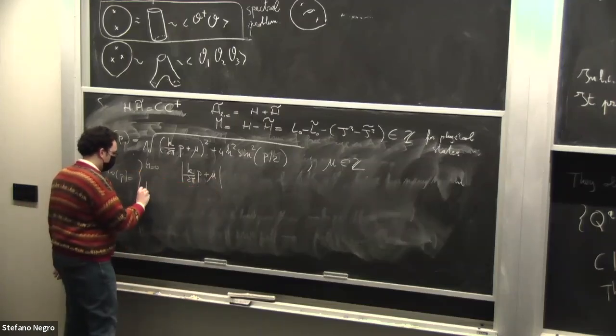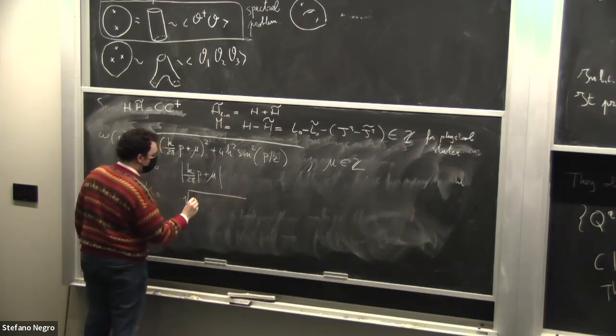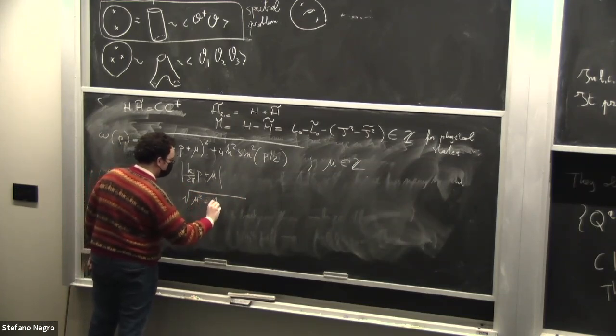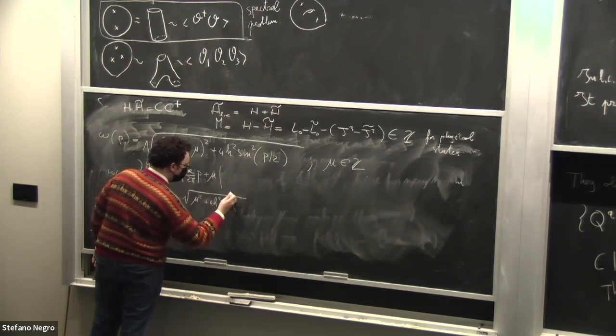And if k instead is 0, you have a typical lattice dispersion. This is a dispersion relation that we encounter in lattice models.